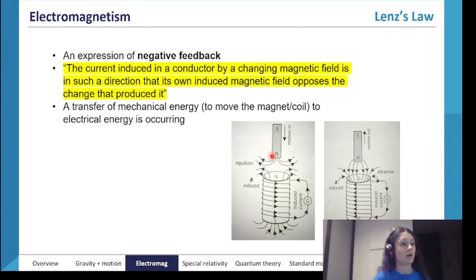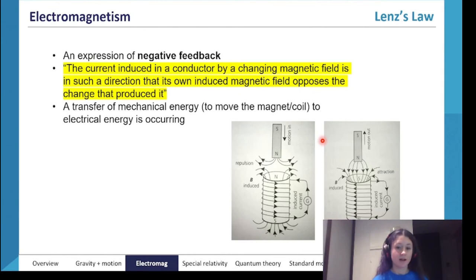This again occurs in the other scenario where you're moving the magnet out of the coil. So imagine you have your magnet in the coil and now you're trying to pull it out. But the coil is pulling it, trying to keep it in the center. So you're trying to pull it out, the coil is trying to keep it in the center.